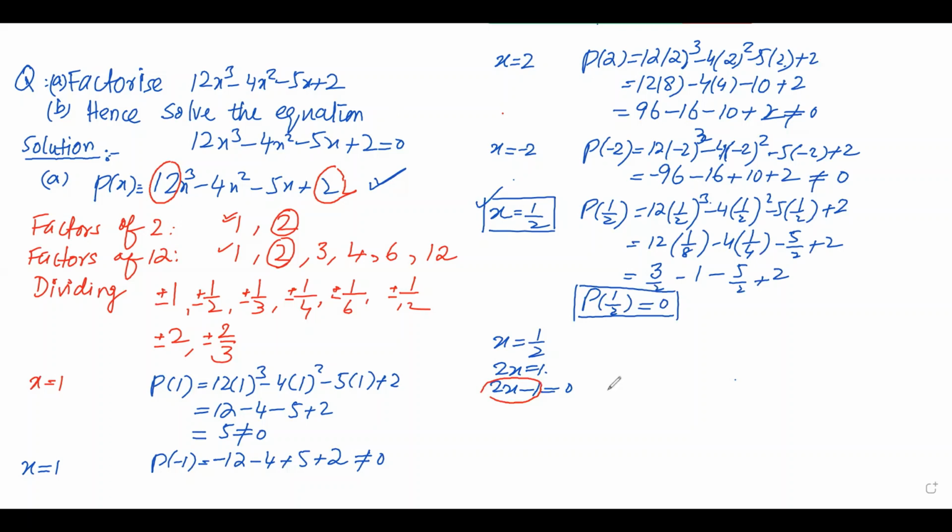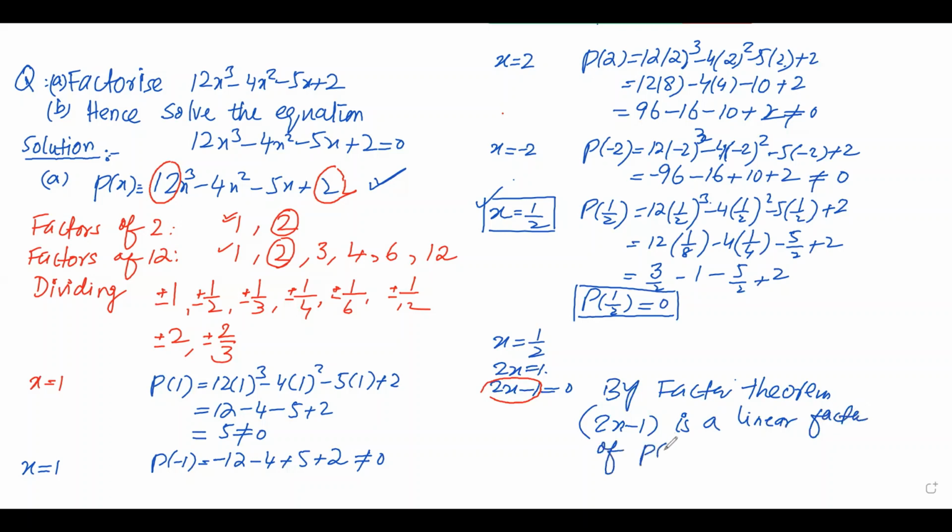So I can write, by the factor theorem, 2x minus 1 is a linear factor of the cubic polynomial, which is P(x). So this is a factor.